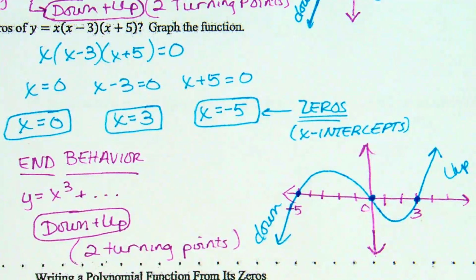Hers looks different because she went on the y-intercept instead of the x-intercept, and she did -5. Then she did a swoop around to get to 0, then went up through 3. We've been saying it's the x-intercept for the past like 5 minutes. Okay, moving along then.